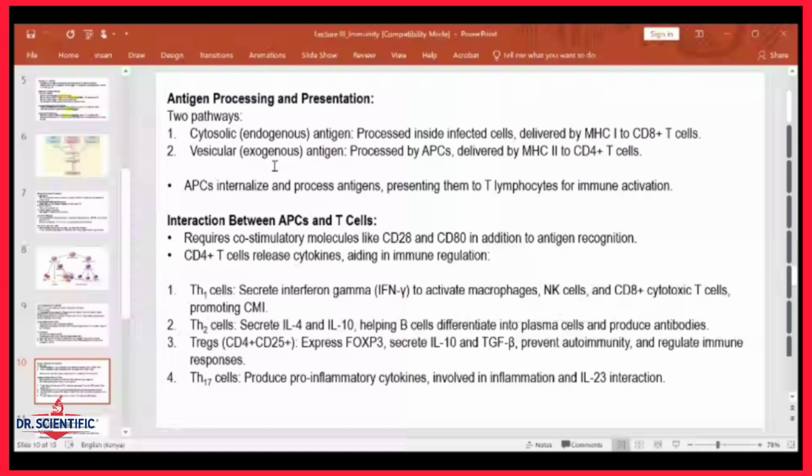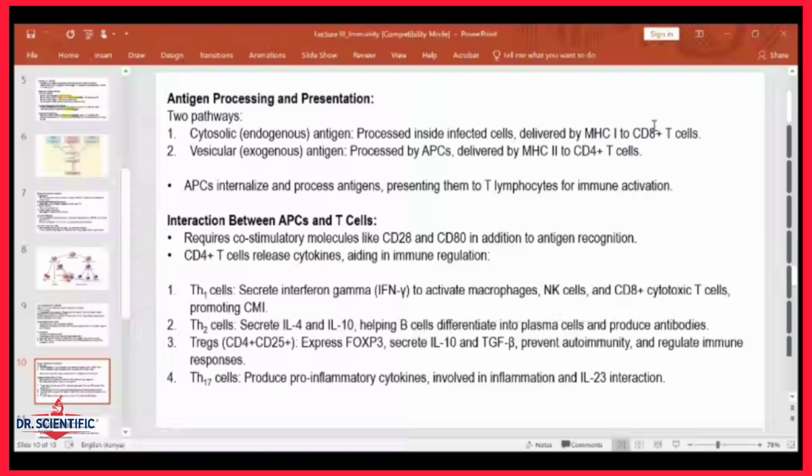Okay, so when you have a pathogen that infects cells and gets into the cells, that is an intracellular pathogen, then antigen presentation will be done via major histocompatibility complex 1 to CD8 cells. We know what CD8 cells do: they are cytotoxic T cells.